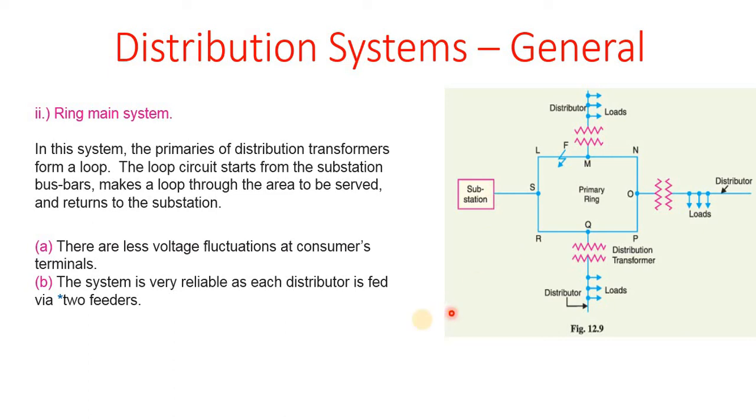The system is very reliable, as each distributor is fed via two feeders. In case of failure in the feeder, the distribution transformers are still fed.